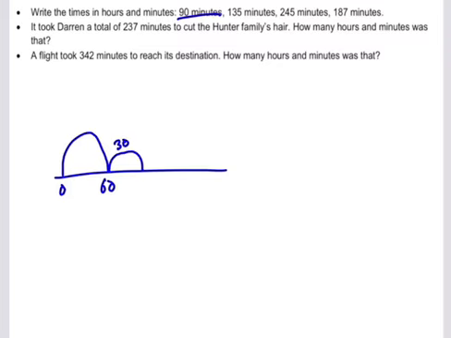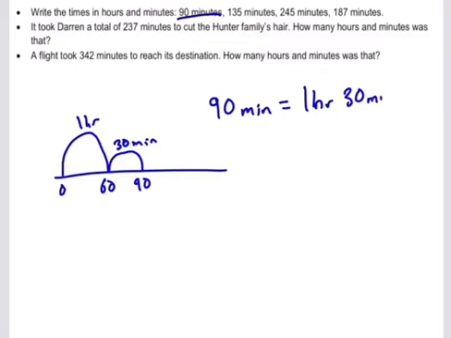That was 30 minutes, so we had 1 hour, 30 minutes, so 90 minutes equals 1 hour and 30 minutes. And as we know that 30 minutes is half an hour, we could say 1.5 hours.